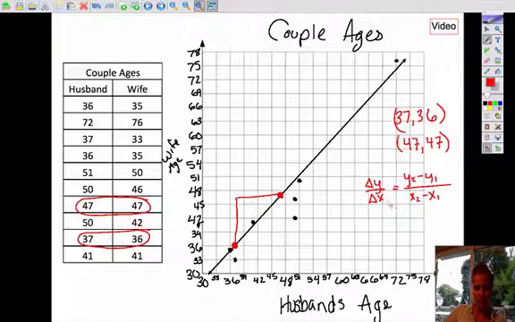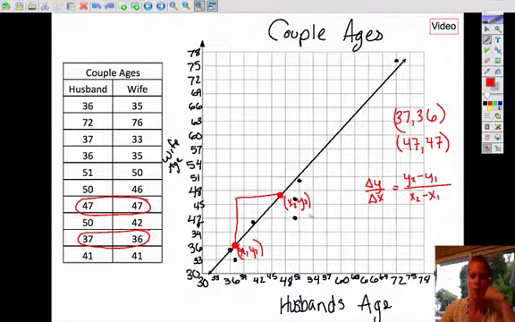For those of you that don't know, triangle is a symbol for change. Usually the first point is going to be our x1, y1, and the second is going to be our x2, y2. So I'm going to take my y2 and subtract my y1, so that's going to be 47 minus 36.